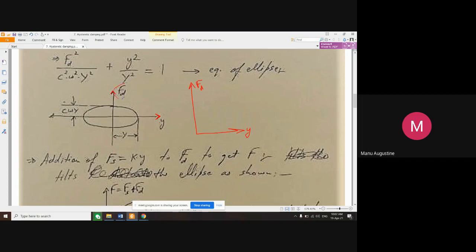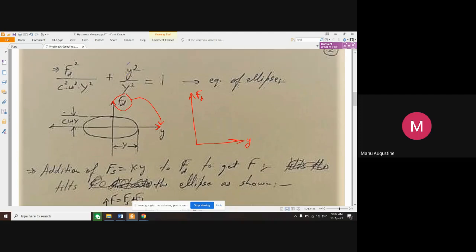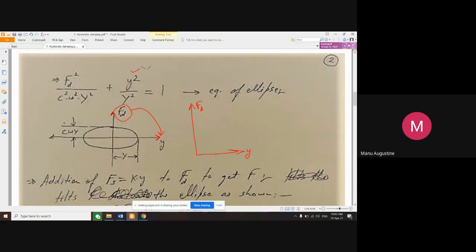Because damping force Fd is dependent on the location y, not the other way around. So now you know the reason why this was selected as the x-axis and this was selected as the y-axis. Anyway, this is just basic mathematics.